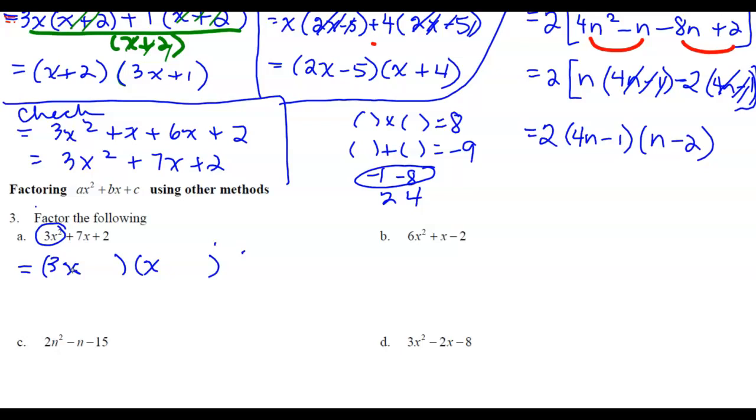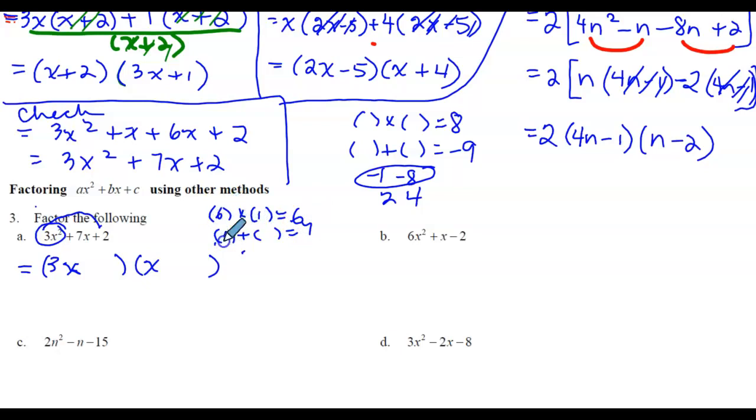What I do from here is I still do that same step for decomposition. I still look for two numbers that multiply to 6 and add to 7. Okay, so anytime it adds to one more than the product, you know it's itself and one. So that's going to be 6 and 1, right?